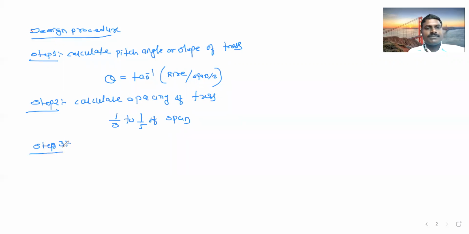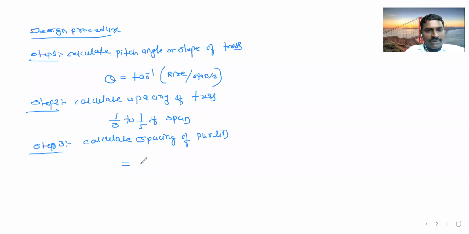Then step 3, because we have written this in the design of the roof truss, this step 1, step 2 that we have seen. So then calculate spacing of purlin. That we have not seen. So how can we calculate spacing of purlin?